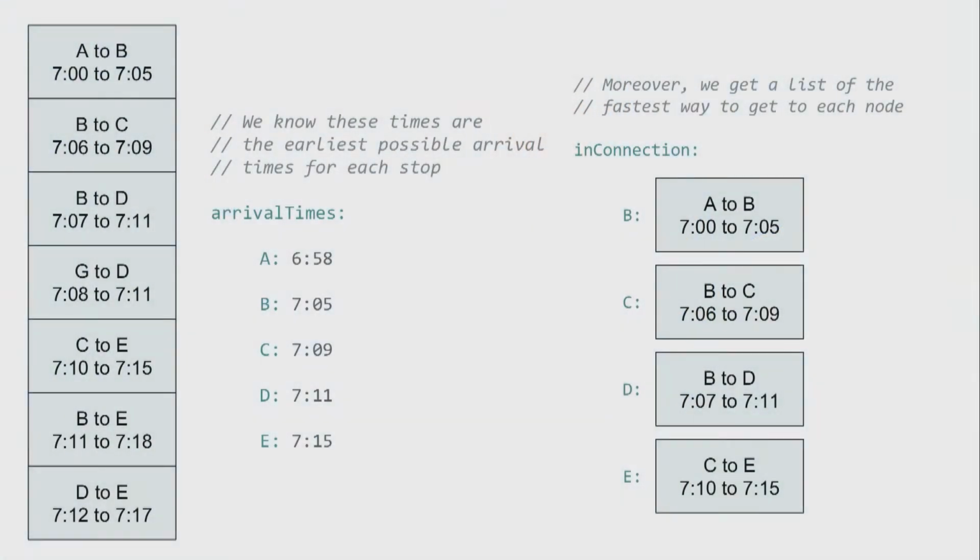And then using this list that we have, for instance, the best way to go to B is to go through A, because it's the fastest way.